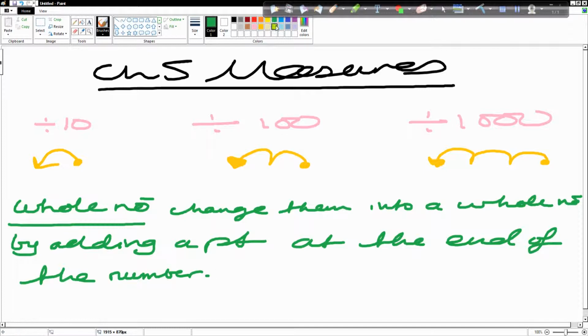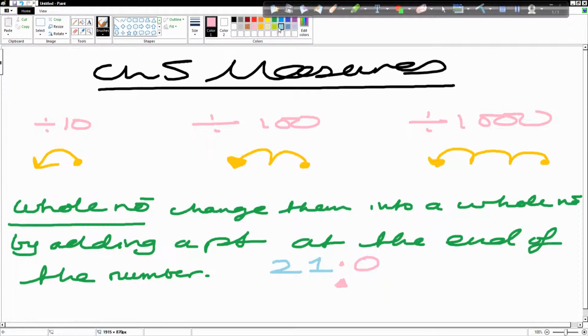For example, we have the number 21. So the number 21 becomes 21.0. So we put the decimal point at the end of the number, making that into a decimal number.